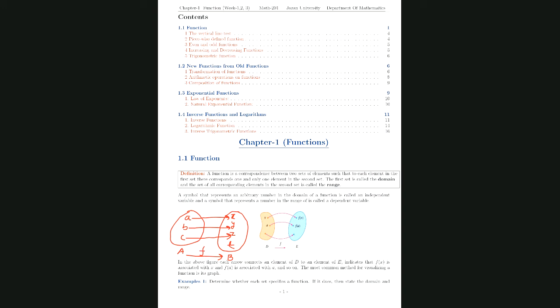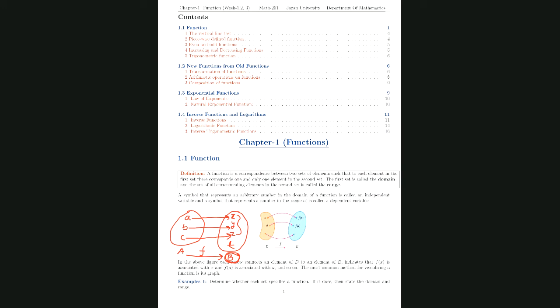See, this whole set B is called the codomain. Okay, so codomain means all of X, Y, Z, and T. But what is range? Range is only these: X, Y, Z, the connecting elements. In the output set B, only the connecting elements are called range.